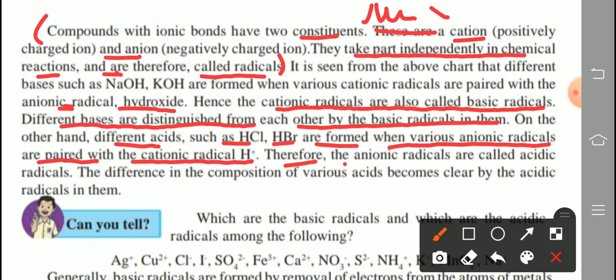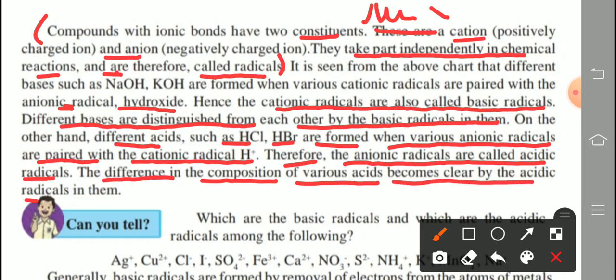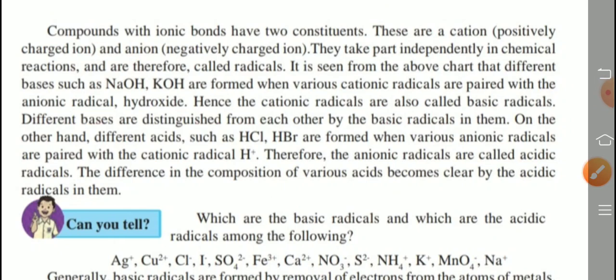Therefore, underline, anionic radicals are called acidic radicals. The difference in the composition of various acids becomes clear by the acidic radicals in them.